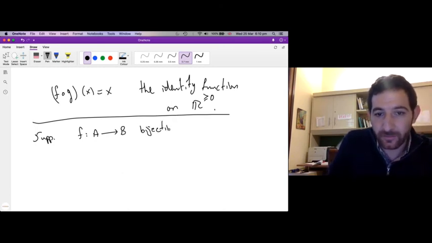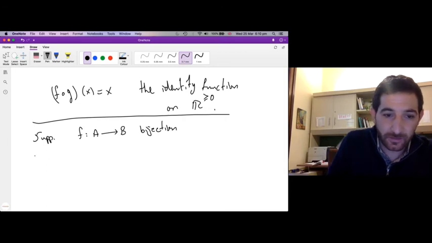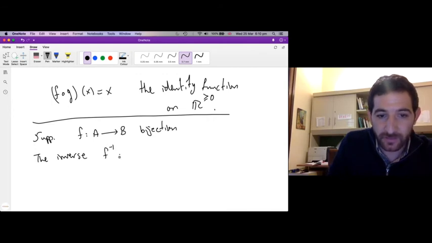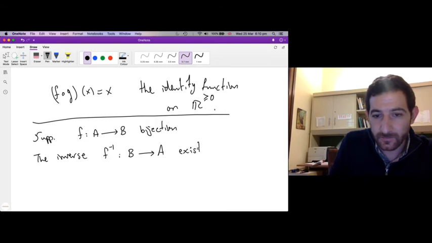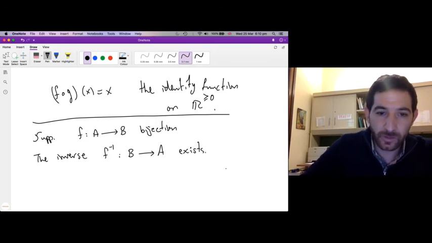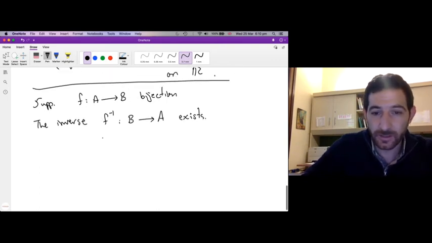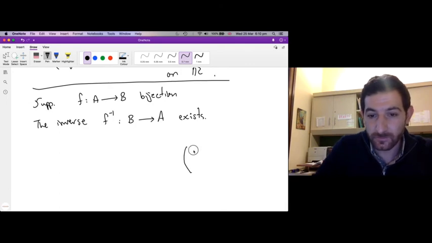We've seen that if you are given a bijection, then the inverse exists. The inverse of f, f inverse, will be a function from B to A, and it exists. Why? Because for every element in B there is a unique pre-image in A, and this defines an assignment from B to A.